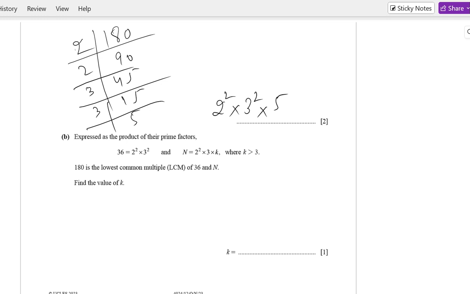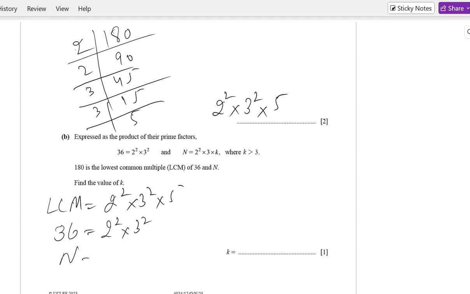Okay, find the value of k. 180 is LCM of 36 and n. So your LCM is 2 power 2 into 3 power 2 into 5. Your 36 is 2 power 2 into 3 power 2. Your n is 2 power 2 into 3 into k.